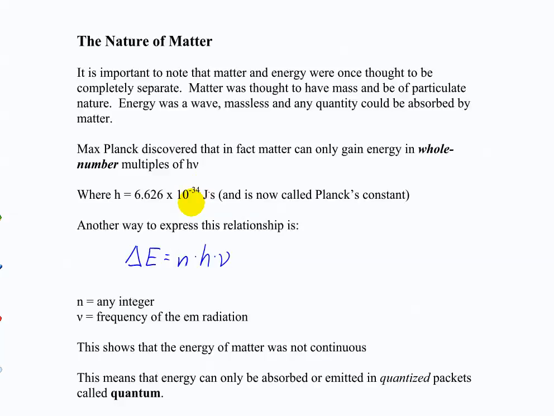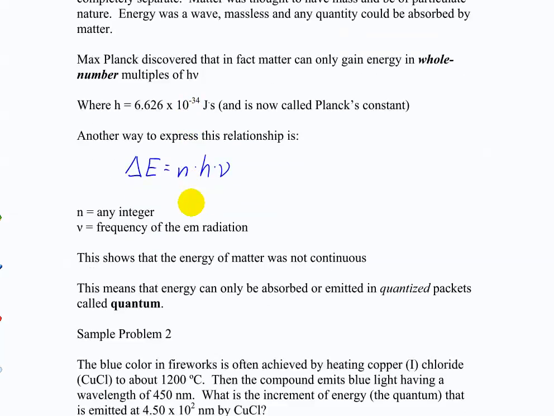He called those packets quanta, and that's where we get quantum mechanics or quantum physics. The energy can only be transferred in little packets. And the reason that's so important is that energy is no longer continuous. Energy can actually be boiled down to a particle with an actual amount of energy. Now, that particle doesn't have mass, but that particle certainly has energy.